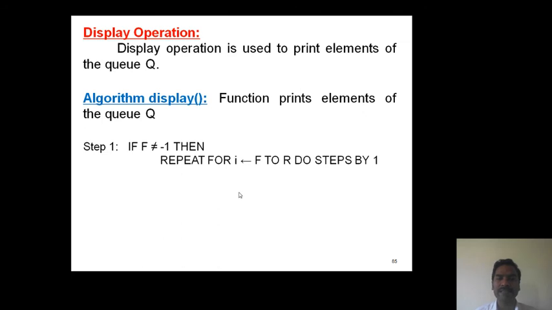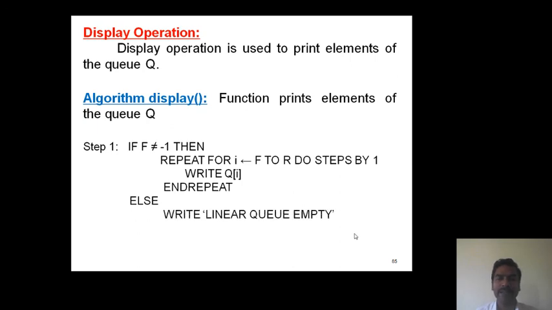Hence we design the step as: repeat for I equals F to R, do steps by 1. Now print the element, so write Q of I. The repetition process is completed, end repeat. Else, if this condition is false, that means elements are not available, hence we print a message as linear queue empty. End if.